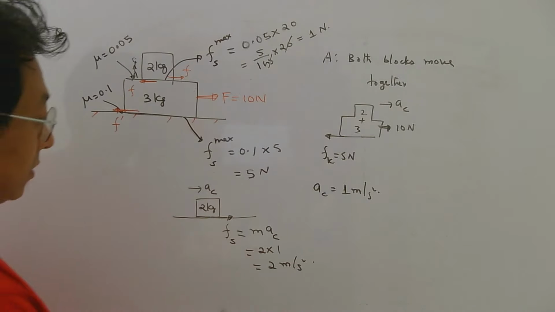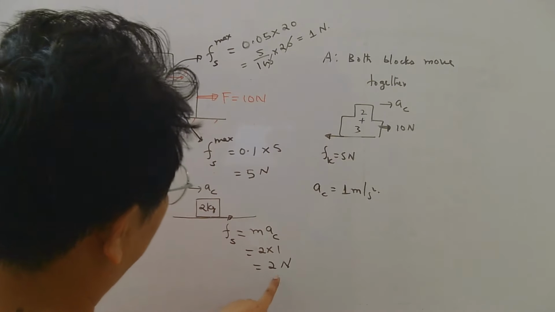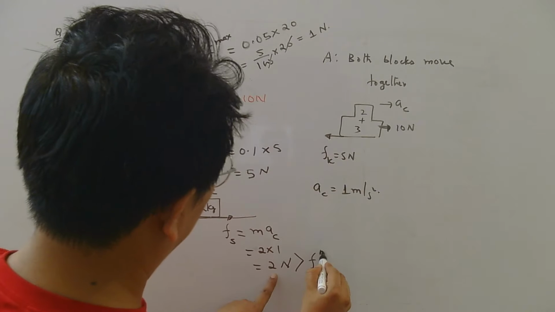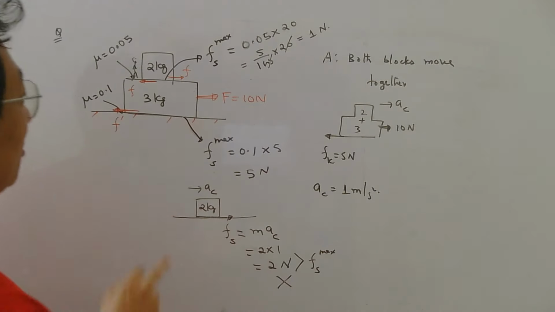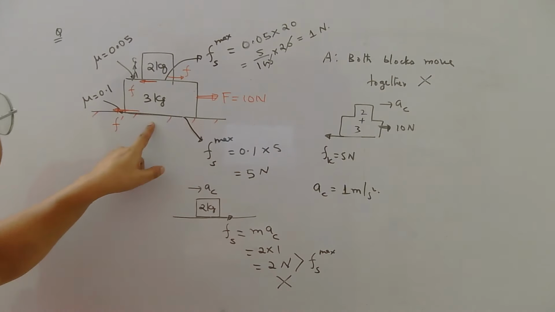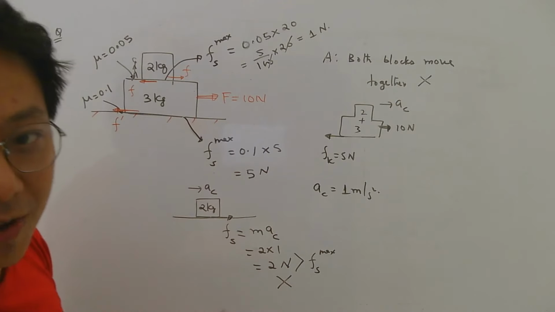And now you can see, 2 Newton, right? Mass into acceleration is force. And this 2 Newton is greater than Fs max. So this is not possible. So now we came to know that this assumption is also wrong. So there is slipping here also, because you cannot have friction more than max value.